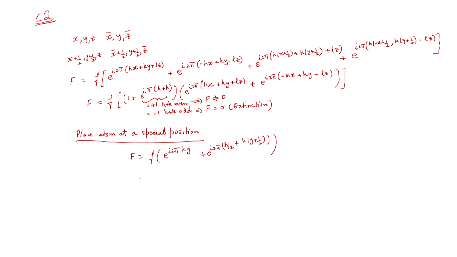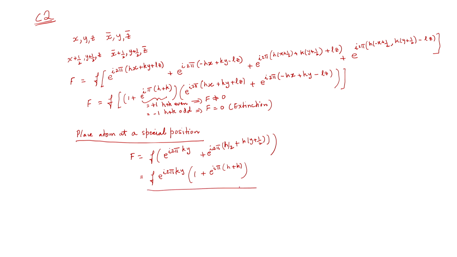So, this is how this would be. If I take something common here, I can take e to power i 2 pi k y, and what I am left with inside is 1 from the first term, and h by 2 plus k by 2. So, I will have e to power i pi (h plus k).